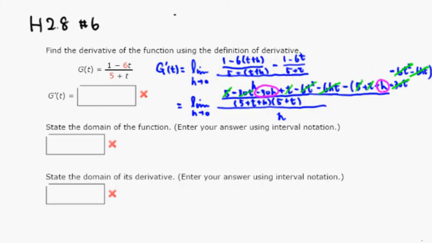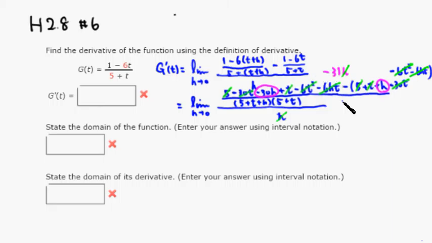So it's going to be negative 31h. So we can cancel h here and h here, and you're left with negative 31.